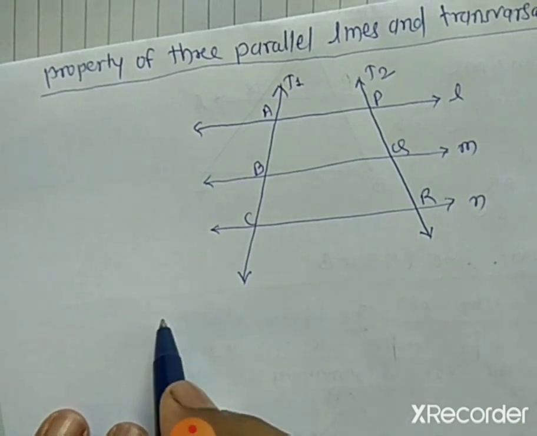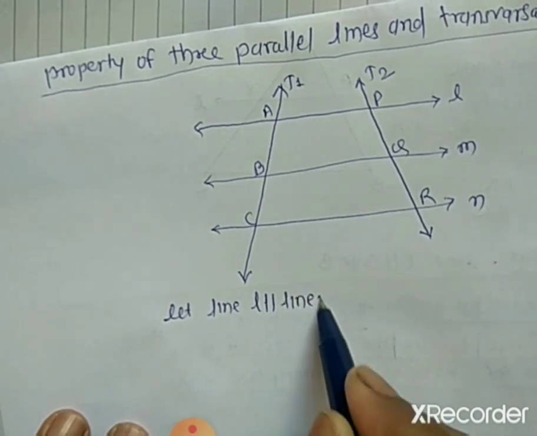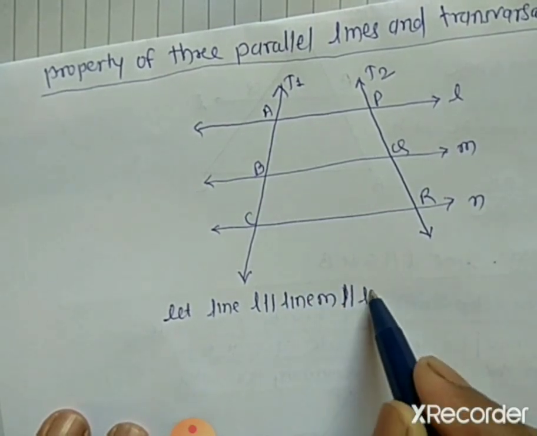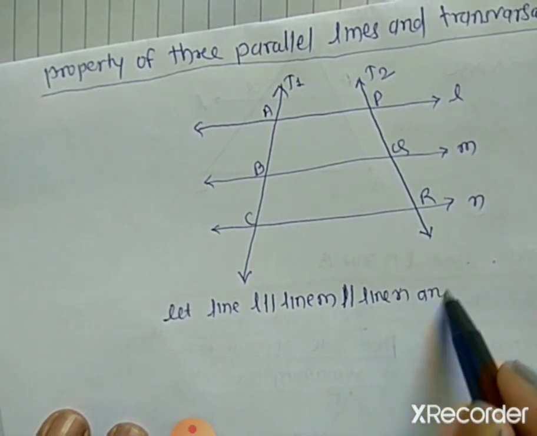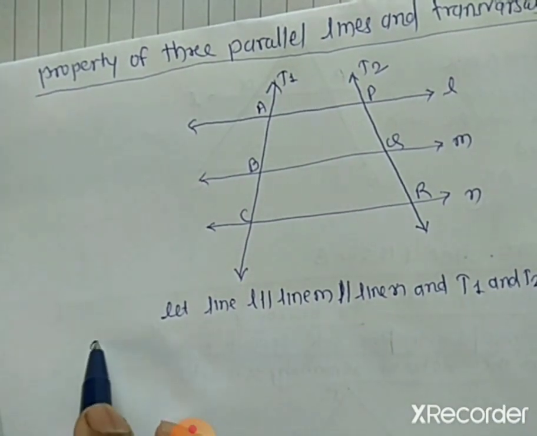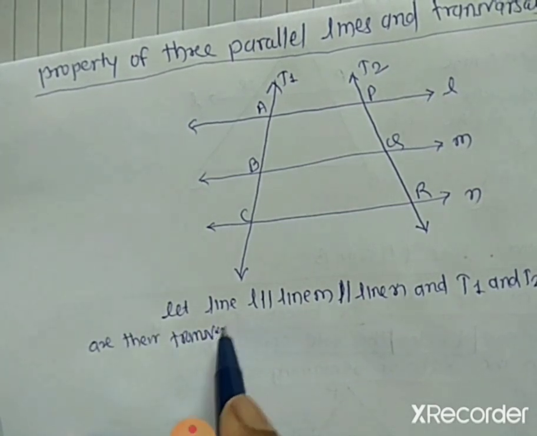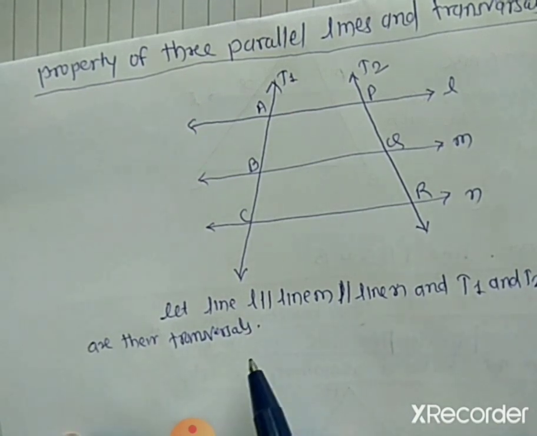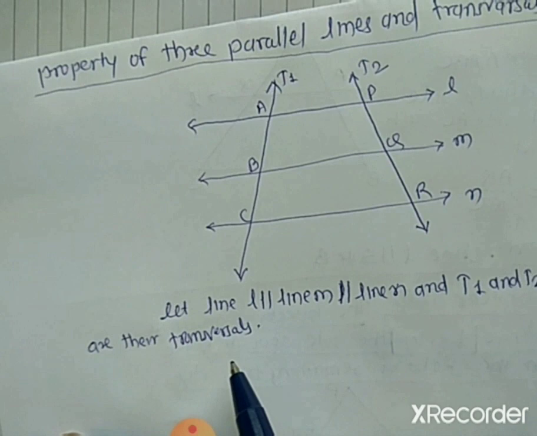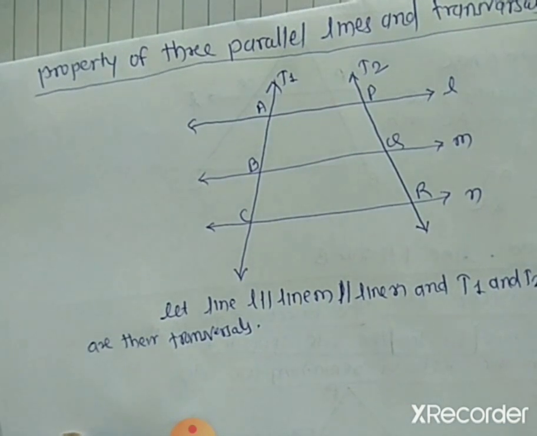Now what is the property? Let line L be parallel to line M be parallel to line N, and T1 and T2 are their transversals, and AB, BC, PQ, QR are the intercepts made by these parallel lines on the transversals.